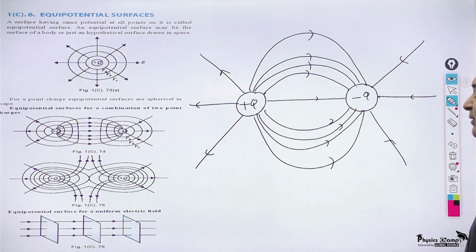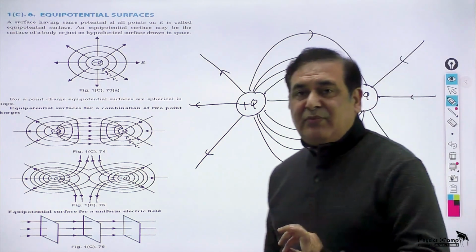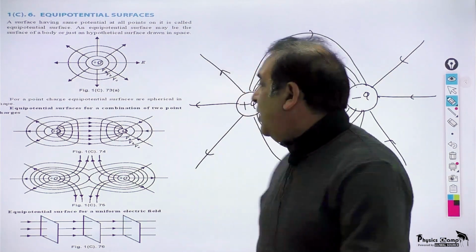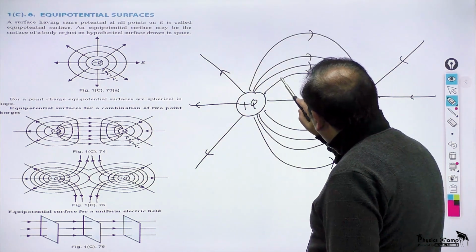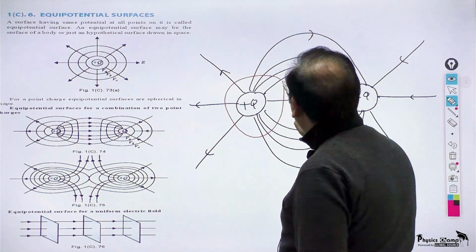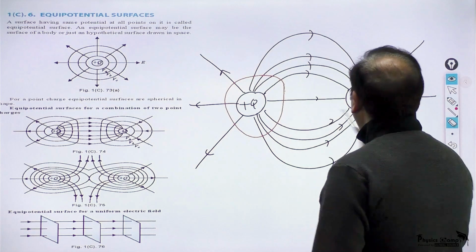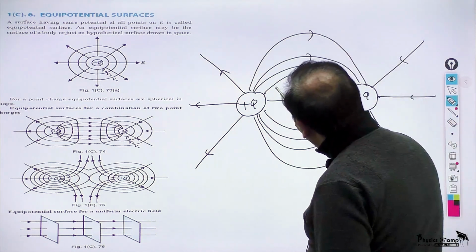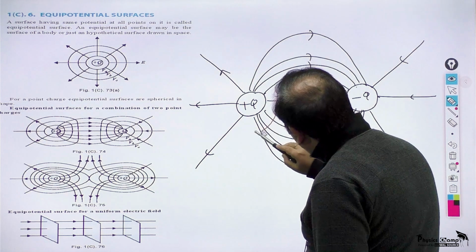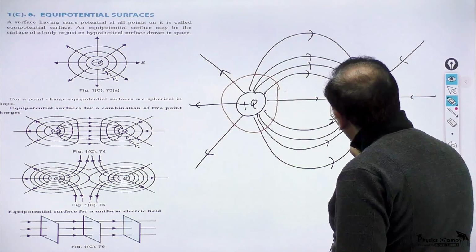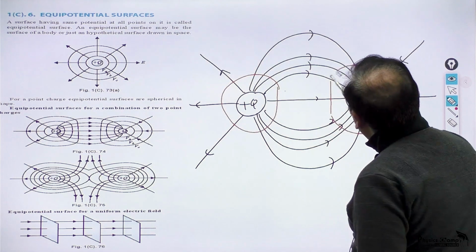But I am interested here in the equipotential surface. The equipotential surface is normal to electric lines of force. So in this situation, the equipotential surface would be like this.